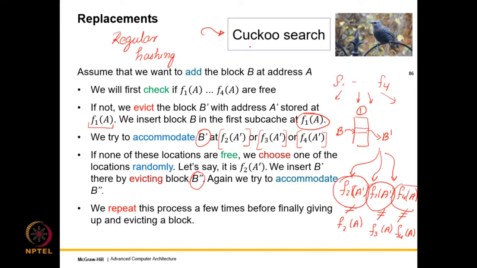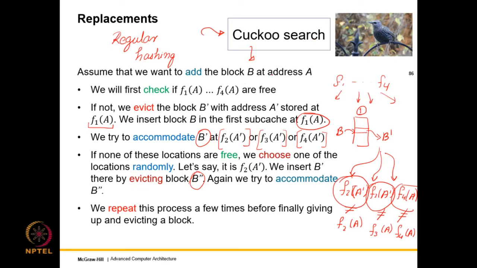But the other access scheme, which is a slightly different paradigm in the world of algorithms and data structures, is cuckoo search, which is exactly what I described. If you are not able to understand what I described, kindly take a look at the cuckoo hashing and cuckoo search algorithms, and then you come back.